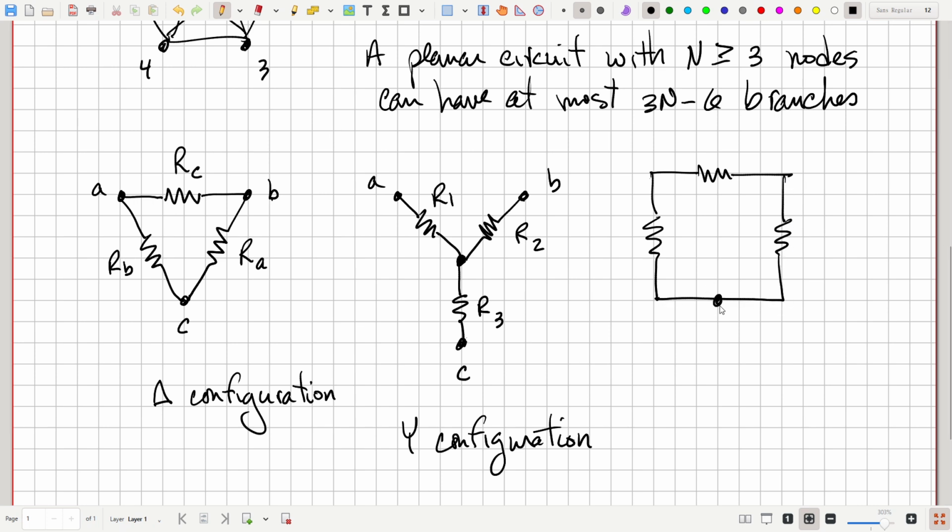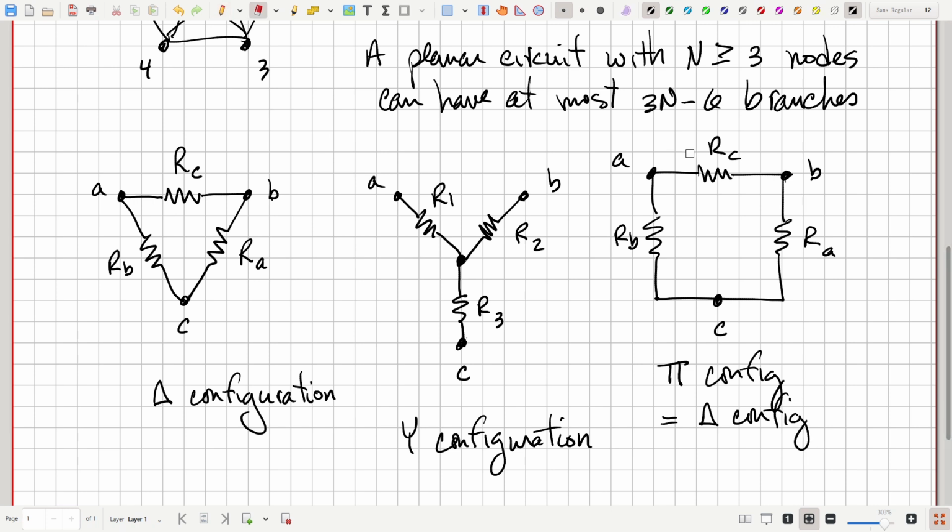So this is C, this is A, and this is B, and this is RC, RA and RB. And this would be called a pi, like Greek letter capital pi, configuration. And it is the same as the delta. It's just drawn a little differently, but the connectivity between the different nodes and through the resistors is exactly the same.